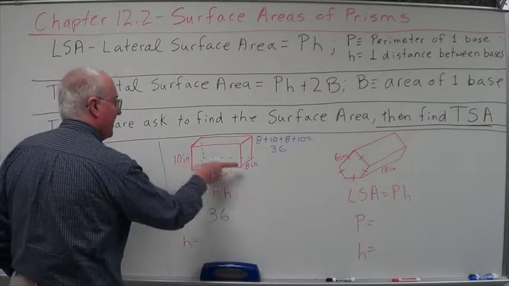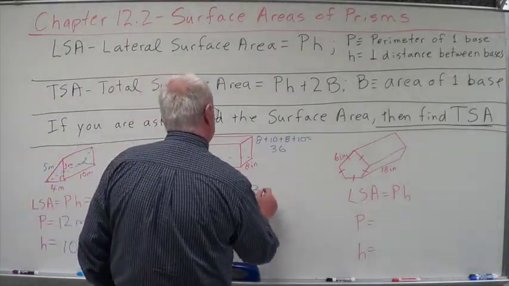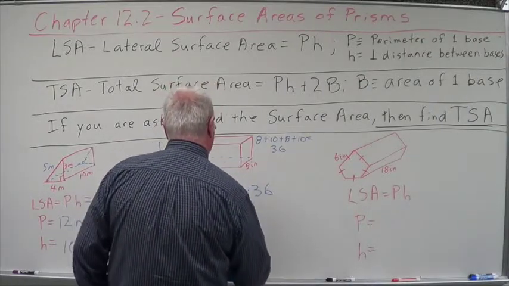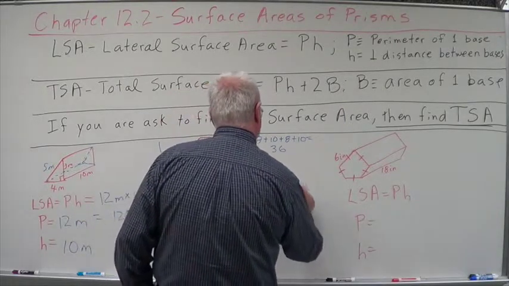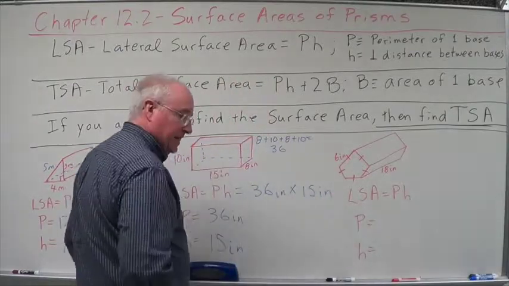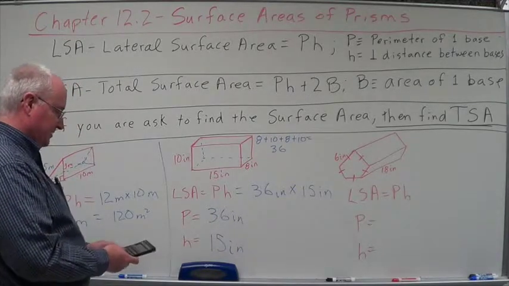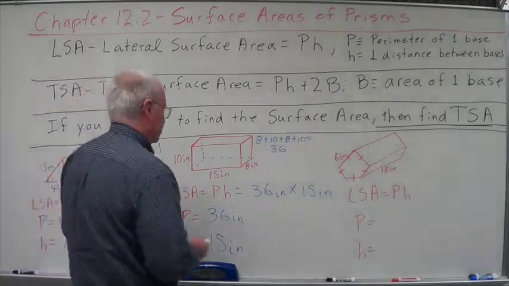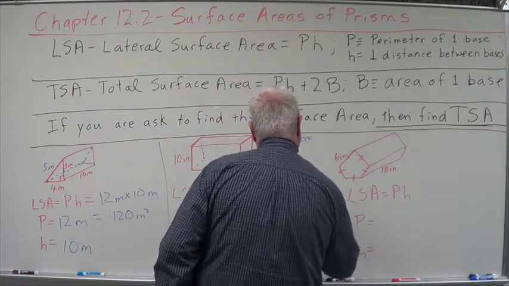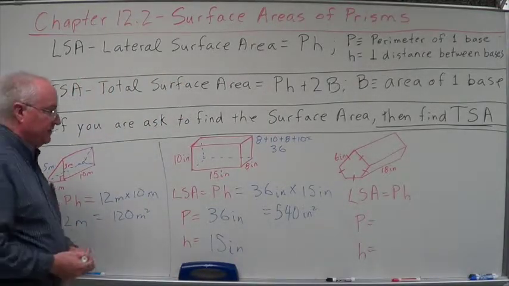Again, it's not necessarily the height, it's the distance between them. That's 15. So what does this equal? 36 inches times 15 inches. Got to get out my calculator. Some of y'all may be able to do this in your head. I hope so. 15 times 36 equals 540 square inches. So that's our lateral surface area of that particular figure.